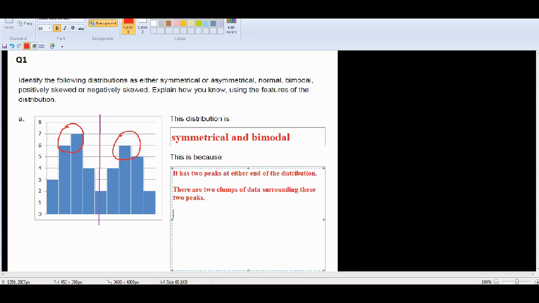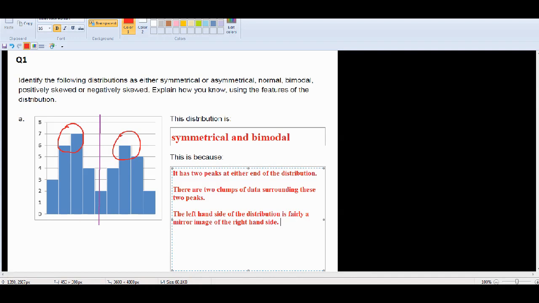The third one is the left side of the distribution is a mirror image of the right hand side.